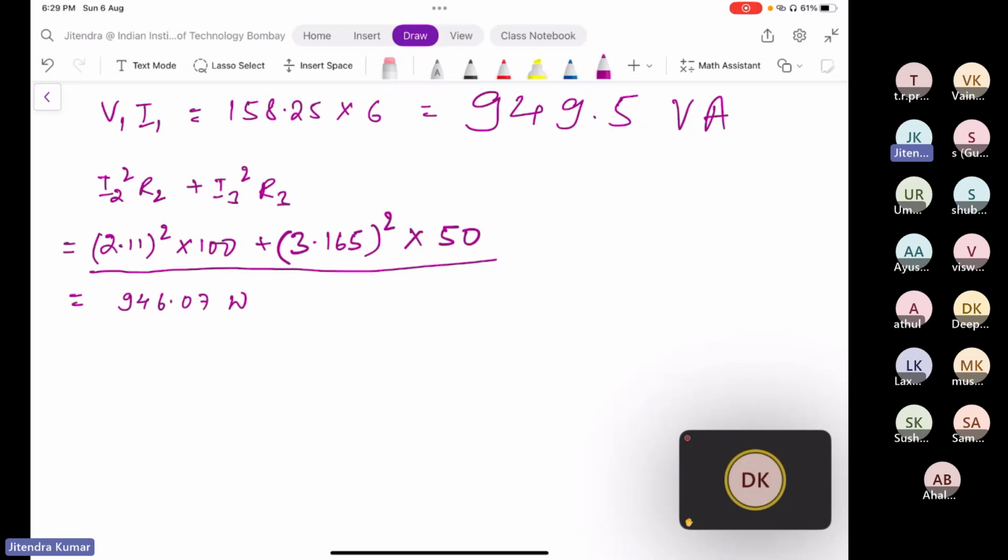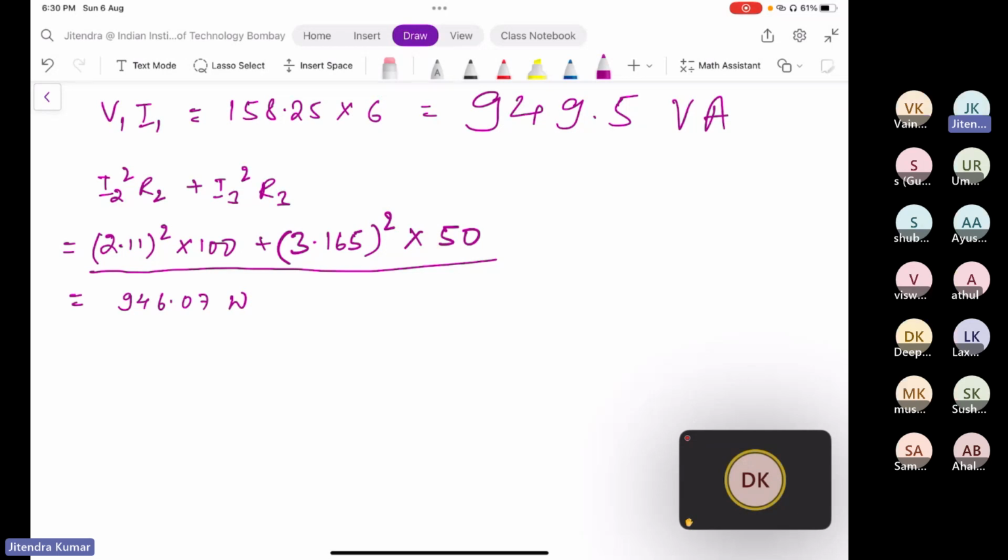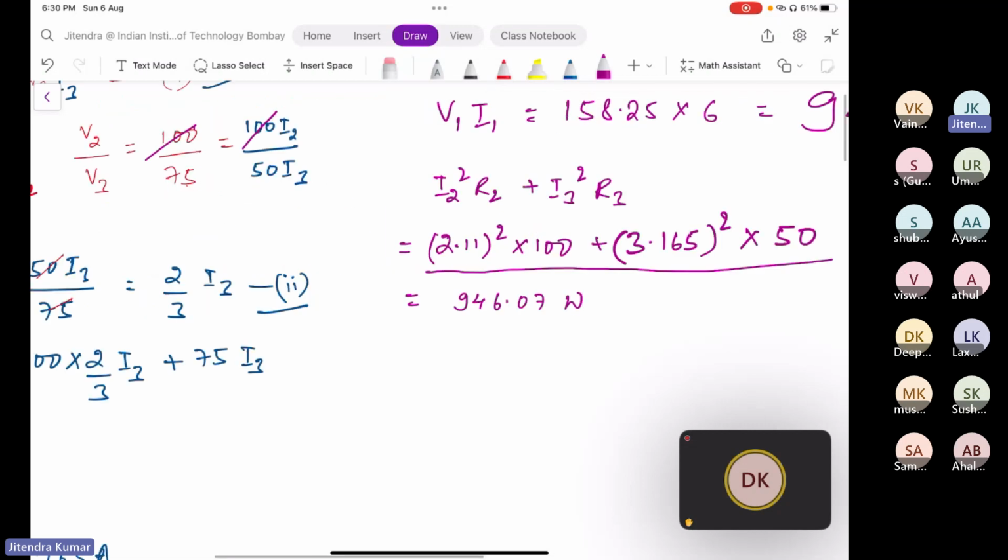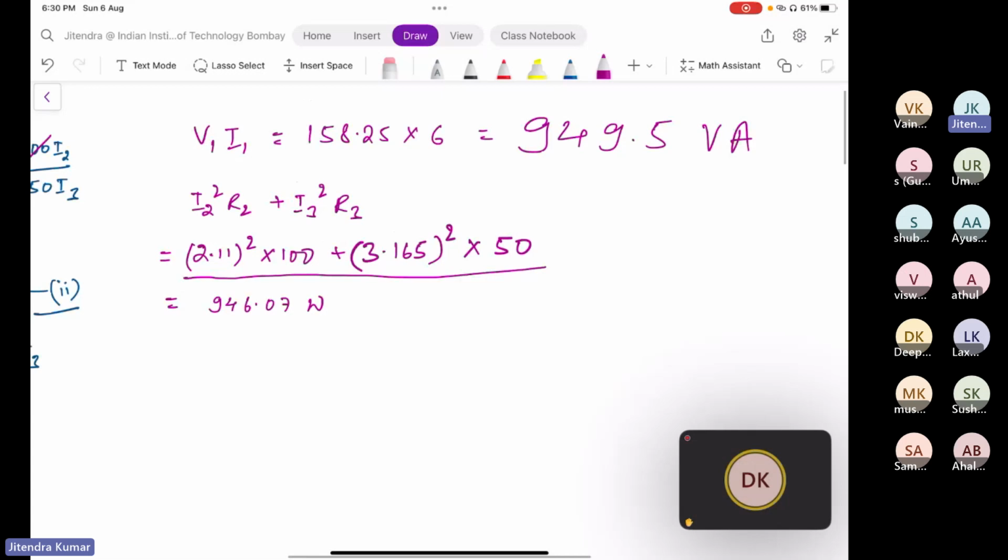But calculations are correct, right? Both calculations are correct. Let me verify it once.